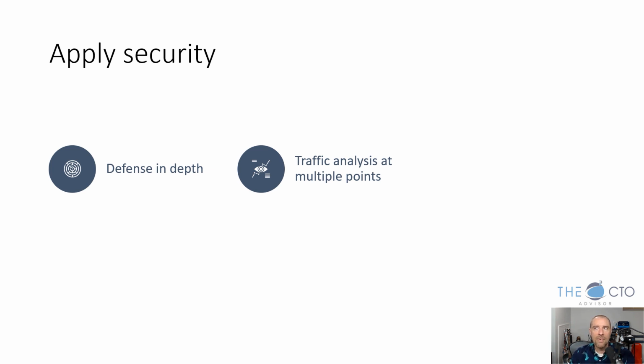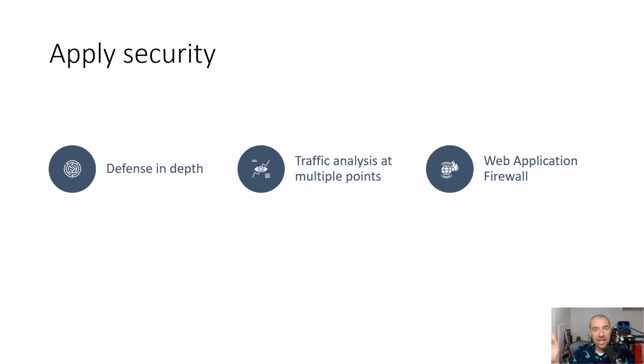Now, looking at what's available from the public cloud providers, they all have some sort of web application firewall now. So if the application you're hosting is web-based, and let's face it, a lot of applications are today, you can have the web application firewall on the front end doing that initial layer of inspection to make sure that the traffic is not containing anything that was untoward your application.